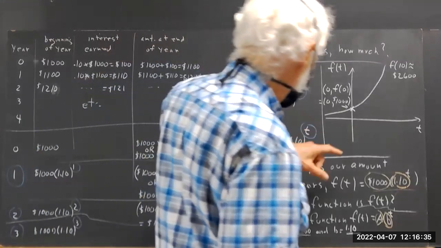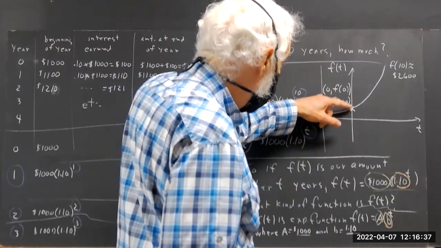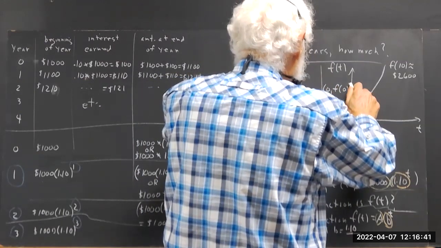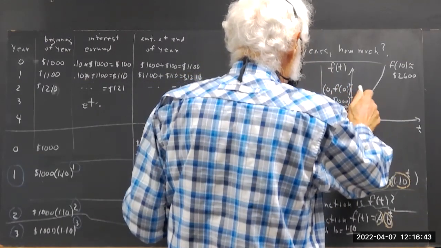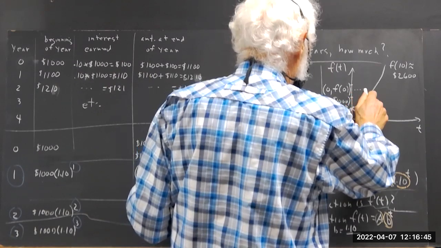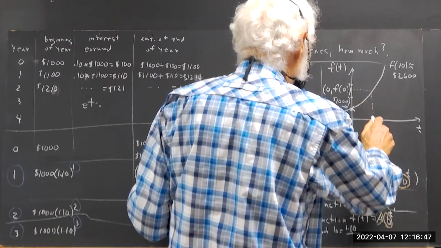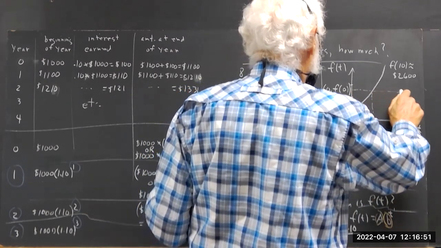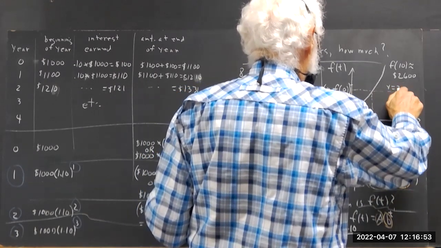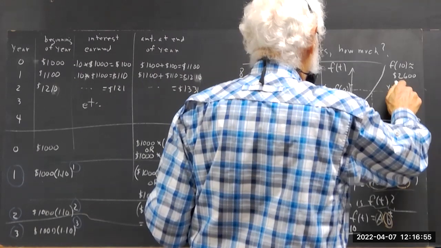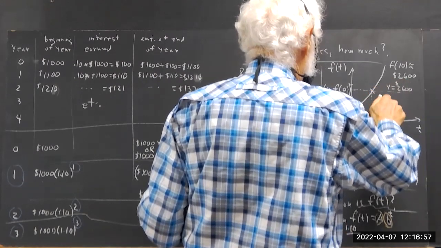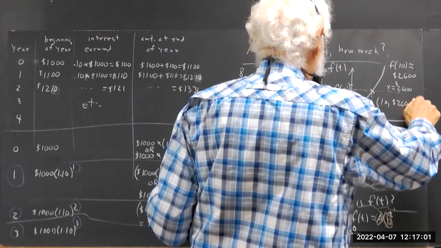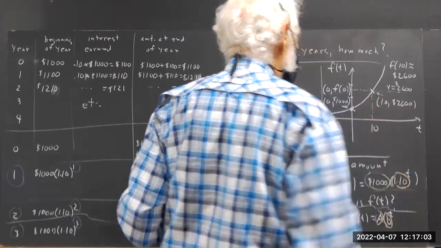Where's 2,600? Well, if 1,000 is here, 2,000 would be here, 3,000 would be about here, and 2,600 would be about here. So this is 10. This is y equals 2,600. Here's our point, 10, 2,600 dollars.